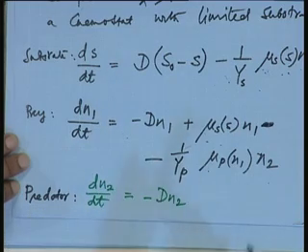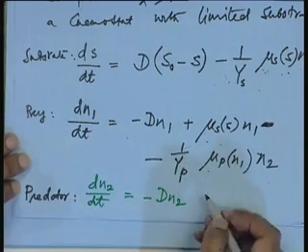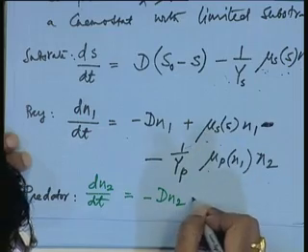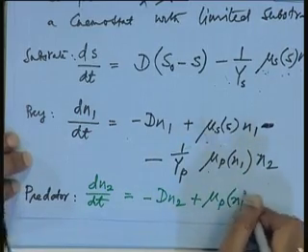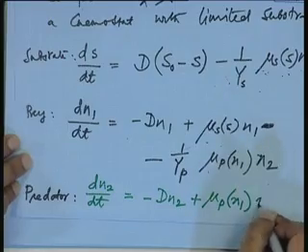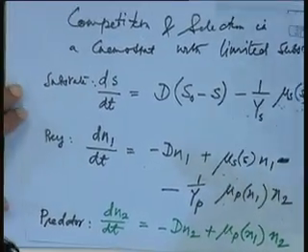Prey and predator are growing, and this is given by plus mu p of N1 times N2. Okay, so this is the overall model that we have.